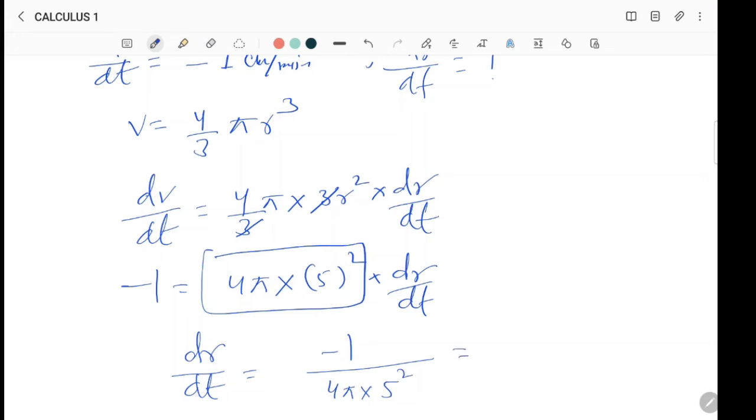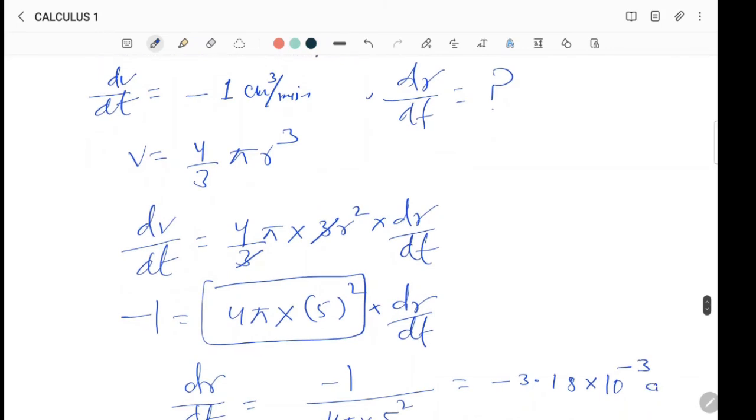So minus 1 over 4 pi times 5 square, which is very small, guys. Minus 3.18 times 10 to the power minus 3 centimeter per minute.